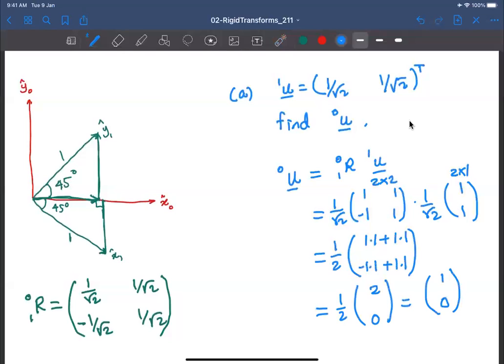Does this make sense? Let's see. So u in frame 1 is 1 over root 2 and 1 over root 2, which is basically pointing towards this direction here. And this vector here, which is u0, is 1, 0.